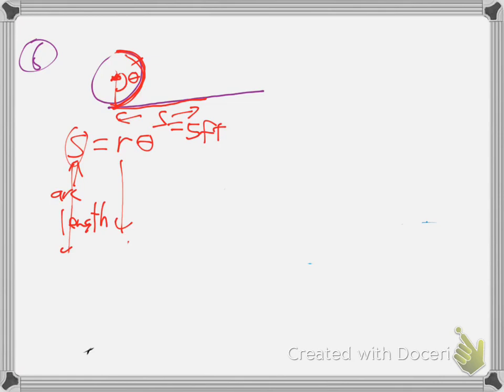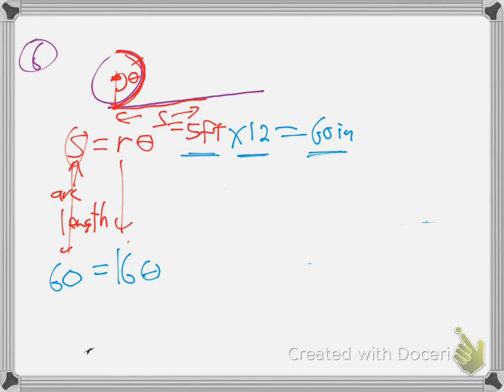So probably the easiest thing is to take 5 feet and multiply by 12, and that's 60 inches. And the other one is 16, so R is 16 inches. The S is 60 inches. And then it'll work. Does that make sense? I just converted them both to inches. 5 feet times 12 inches in a foot is 60 inches. And the radius is 16, it always was. Then you can divide by the 16, and you get 60 over 16.